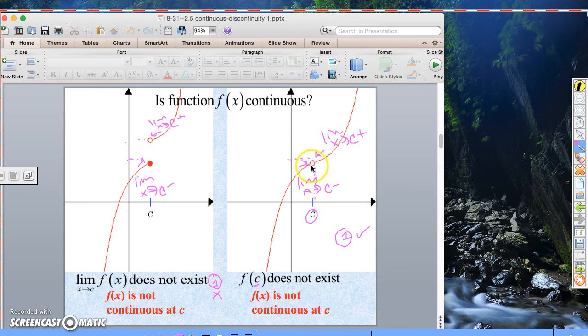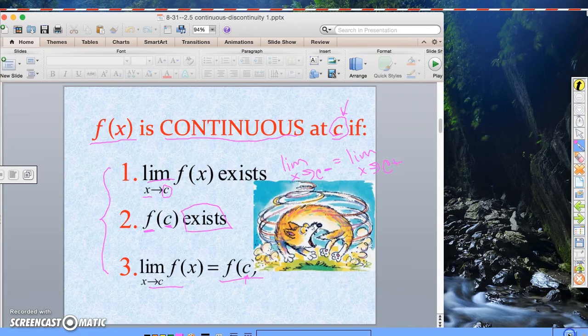You guys see that? It's empty here. So that means condition 2 fails. And so this function is not continuous because f of C does not exist. So we go back: condition 1, good to go. Condition 2, fails.